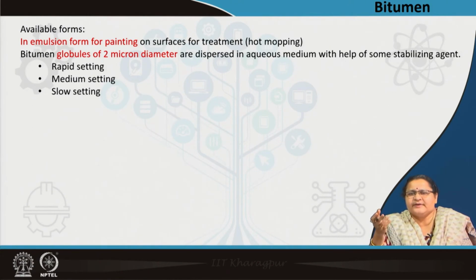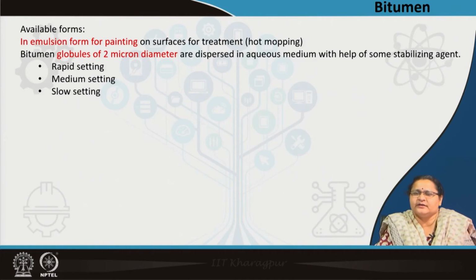and this aqueous medium is the dispersing agent, which is again having some stabilizing agent added to it, and this aqueous medium actually helps spread these globules, and it eventually evaporates.